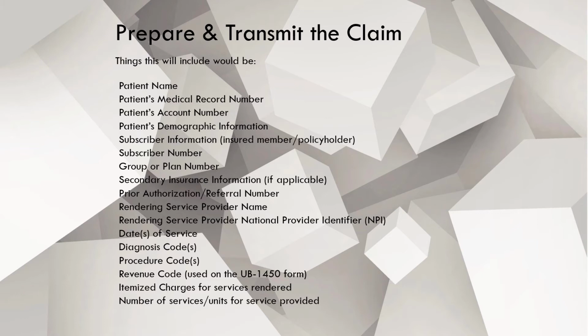Patient name, patient medical record number, patient's account number, patient's demographic information, subscriber information, if they're insured, the policyholder, subscriber name, group or plan number, secondary insurance information, if applicable, prior authorization or referral number, rendering service provider name, rendering service provider national provider identifier, the NPI, dates of service, diagnosis codes, procedure codes, revenue code, itemized charges for services rendered, number of services or units for services provided.